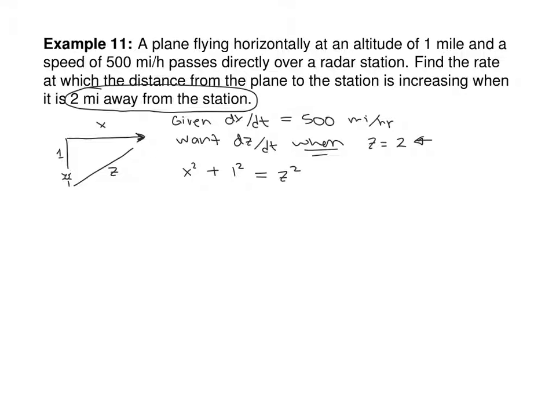Yep, that would also be fine. So 2x dx/dt plus 0 equals 2z dz/dt. And then kill off the 2's. So x dx/dt equals z dz/dt.